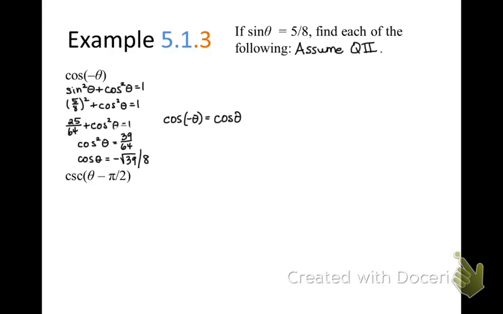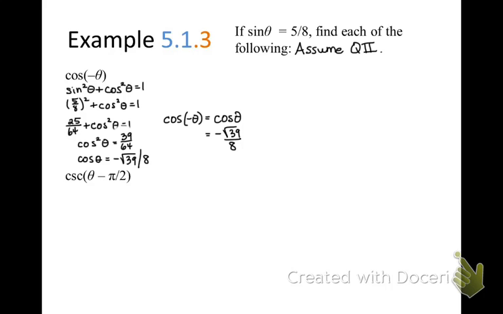Remember, the cosine is an even function. So the cosine of negative theta, which is what I'm ultimately looking for, is the same exact thing as what I just found. So this is still the negative square root of 39 over 8. Are there any questions on that?